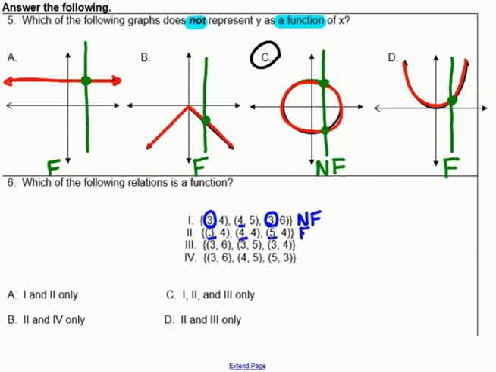They're all different, so this one is a function. In number 3, we have an x value that repeats, so not a function. And then 3, 4, and 5, they're all different, so number 4 is a function. I'm looking for the answers that are functions, so that would be answer 2 and 4, which is answer B.